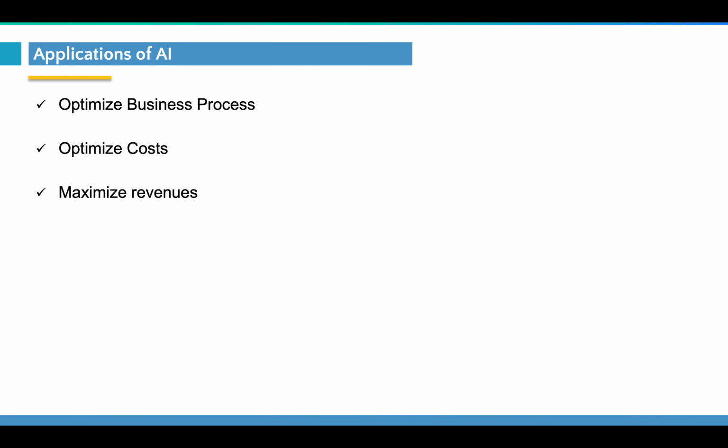Another application: there are so many companies that look at optimizing their processes, optimizing their manufacturing plants. One of the cases I was reading through was Bharat Light and Power, that is BPL. It's a renewable energy generation power company.